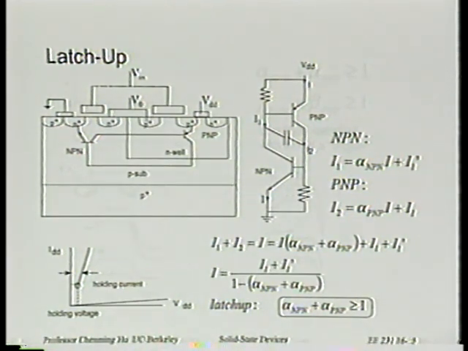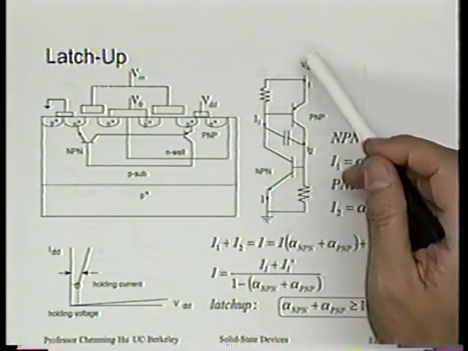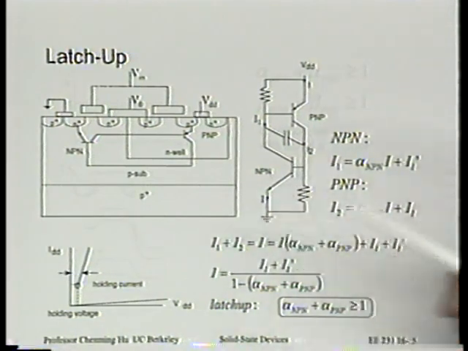First, a description of the symptom. What is latchup? Now, it's known that if you take a CMOS circuit, often for some unknown reason, a large current starts to flow between the VDD node and the VSS node.